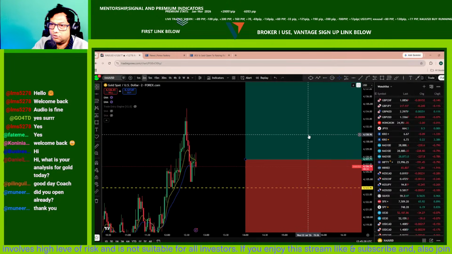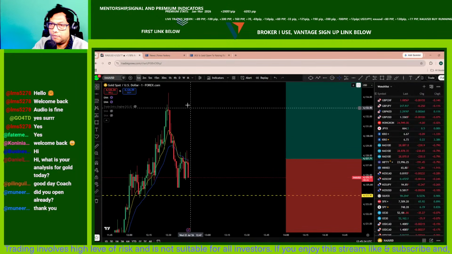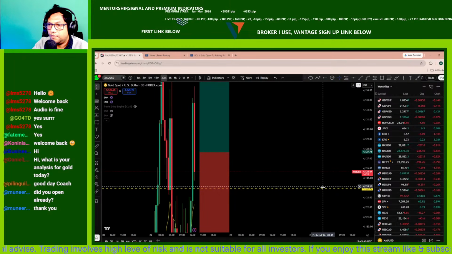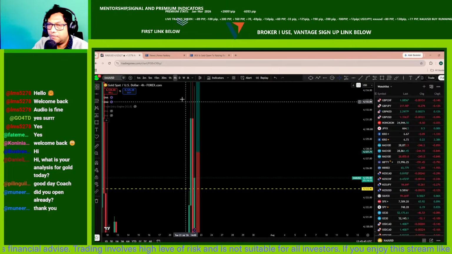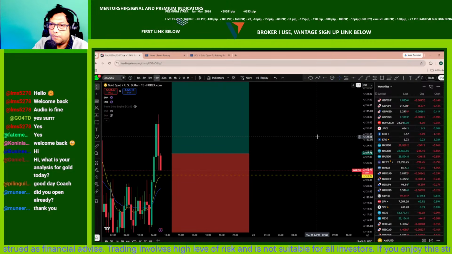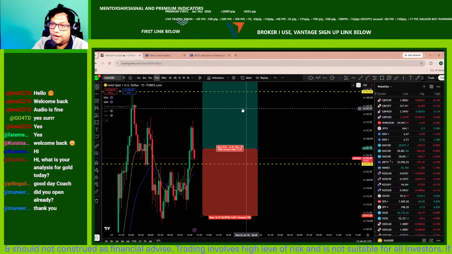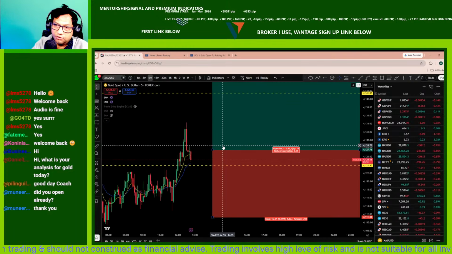So few narrow dodges along this area. So you're on a buy, and this is a break of structure here along this area.